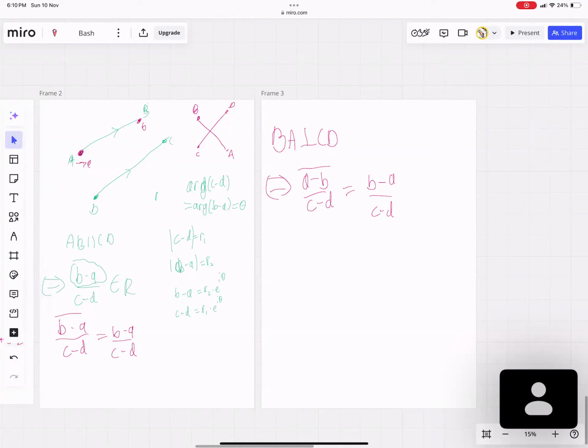We do all of these things to get that if two segments are perpendicular, the ratio of the vectors of the differences of the segments should be a pure imaginary number.